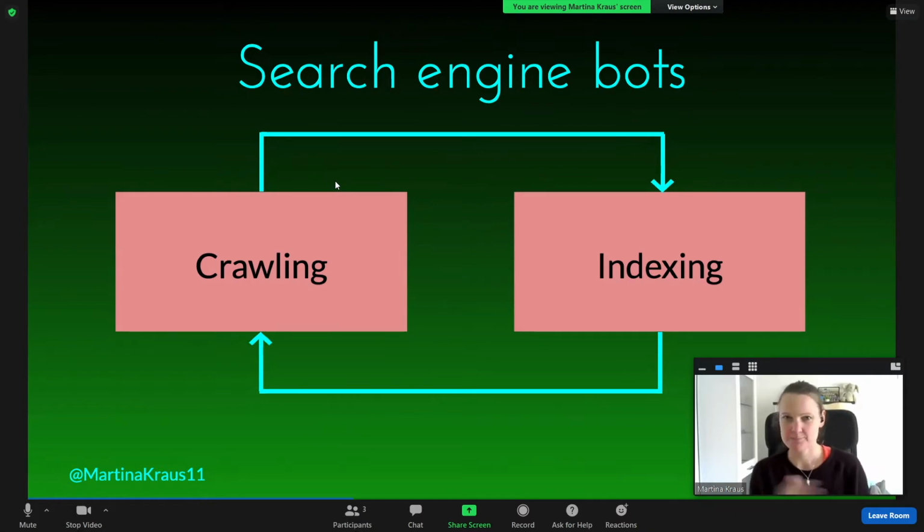For example, if we have a newspaper website, this needs to be crawled daily or even hourly, because the content is, of course, changing so many times throughout the day. So the search engine bot has an entry: I need to crawl this web page hourly or daily.